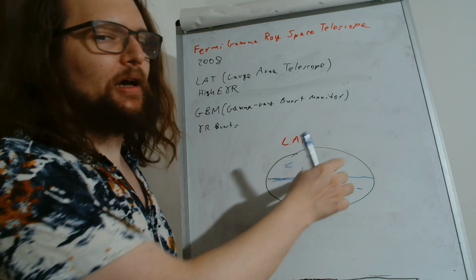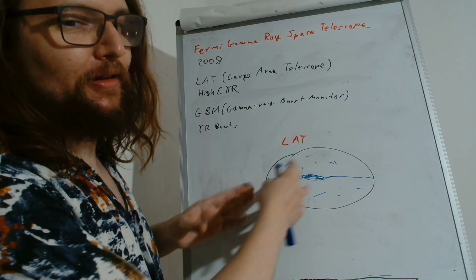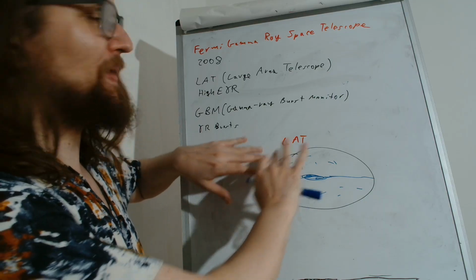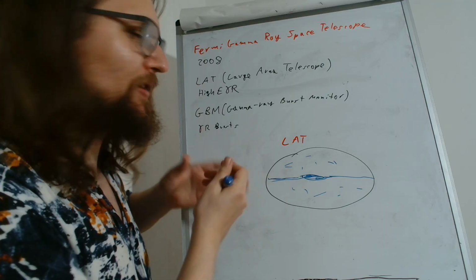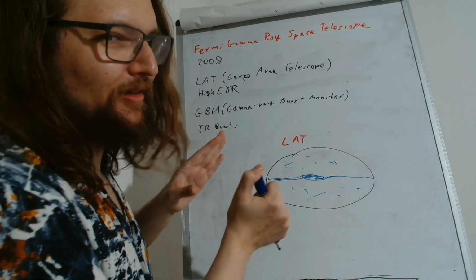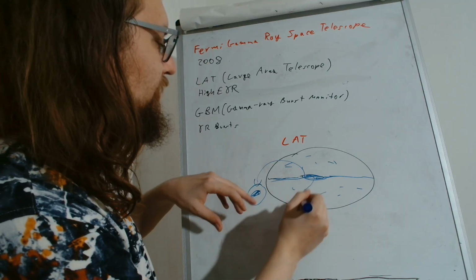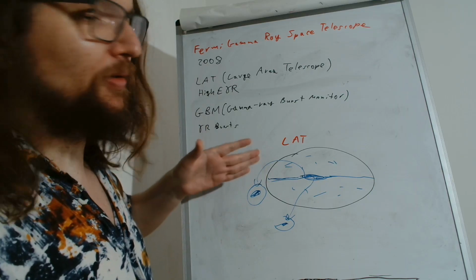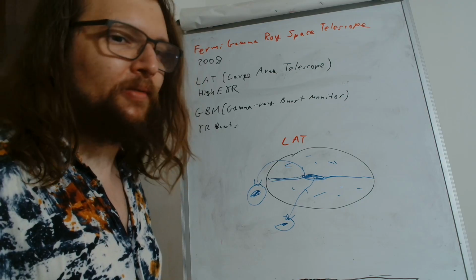Fermi LAT is a much more sensitive version of EGRET, and this is my wonderful drawing about the map LAT could do of the gamma ray sky. Well, if you don't see much difference with the previous picture, you're right, but this time you can zoom. LAT had much more resolution. You can zoom and maybe also recognize individual acceleration sites like supernova remnants.